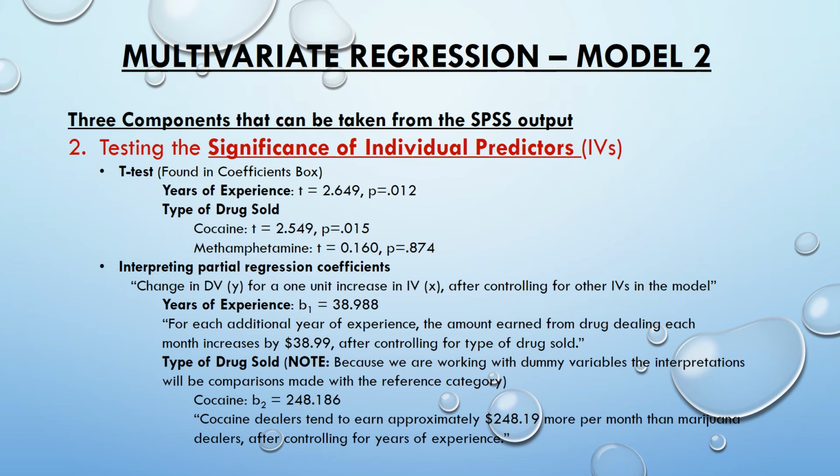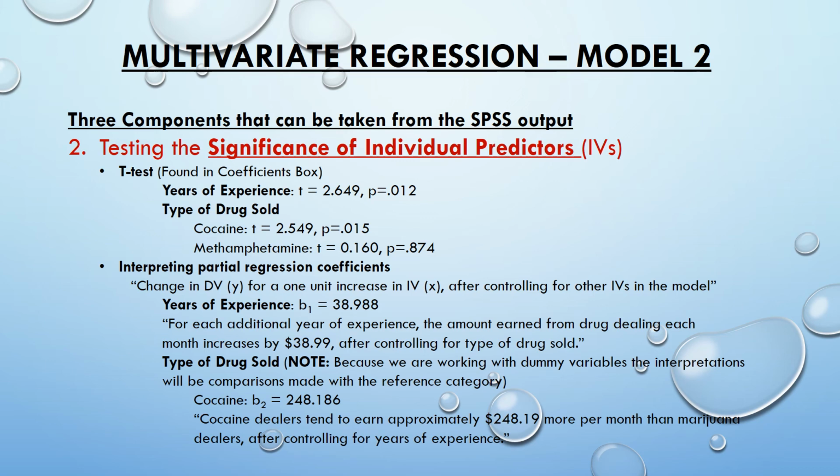So interpreting these partial regression coefficients that would come with it, as I said, we can also get those unstandardized coefficients, the capital B column, and each one of them has a value for that. So it's still the idea of change in the dependent variable for a 1 unit increase in the independent variable.